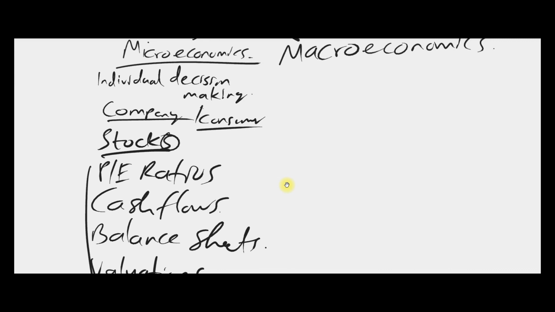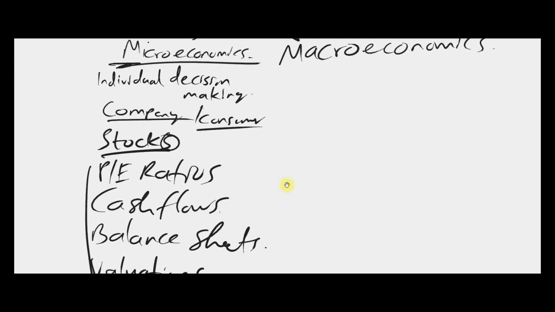You're analyzing the stock price to know if the company is overvalued or undervalued, to know if the company has potential, if the company is going to go far. You can see we're talking about one company individually. So this is under microeconomics. That's what it's about, analyzing individual decision making. And it ends there.